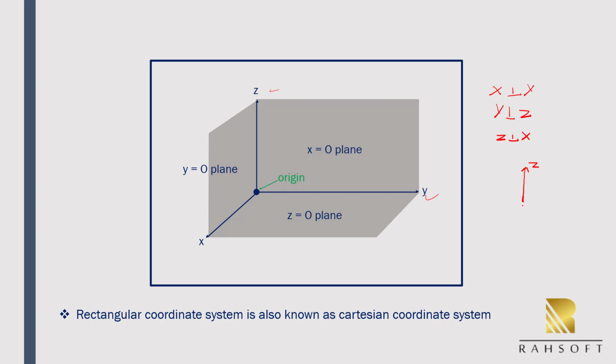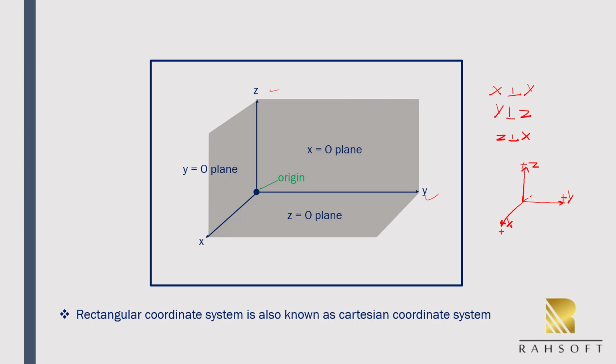this is the z-axis and this is y and this is the x-axis. So this is the positive x-axis, this is the positive y-axis, and this is the axis in the positive z direction.